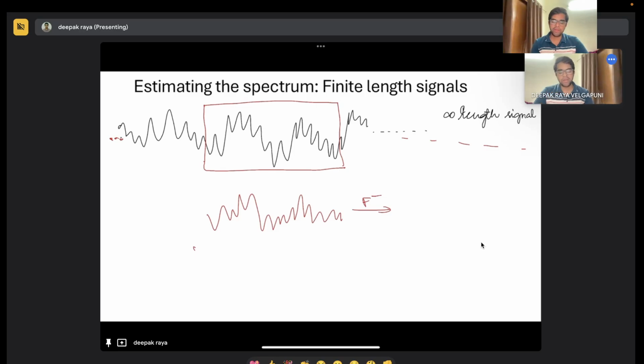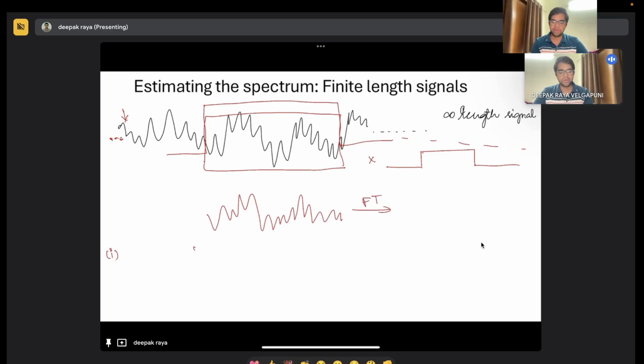Why is it happening? You can think of this infinite signal as being multiplied with a rectangular signal in this time period. You have a rectangle in this time period, and you're multiplying this infinite length signal with it to get a snippet of that signal. After getting the snippet, you do a Fourier transform. So how does that Fourier transform look? There is a theorem called the convolution theorem. I'll get into what a convolution operation is.